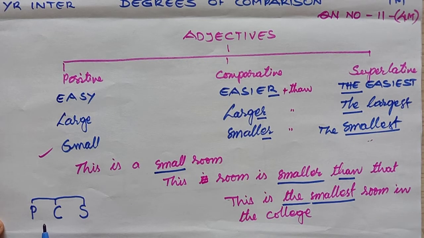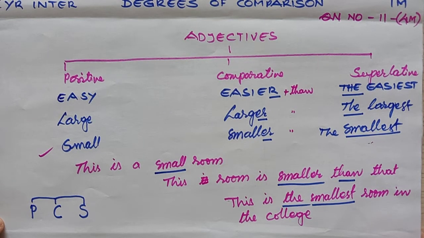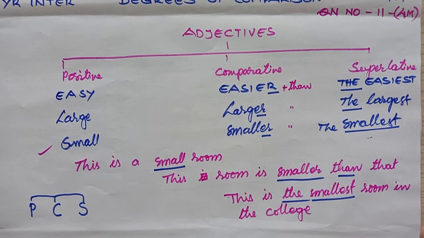When positive to superlative, meaning should not be changed. Now in this connection we have 4 different rules. Shall we see that table containing that information?